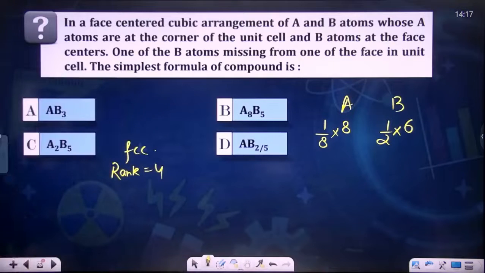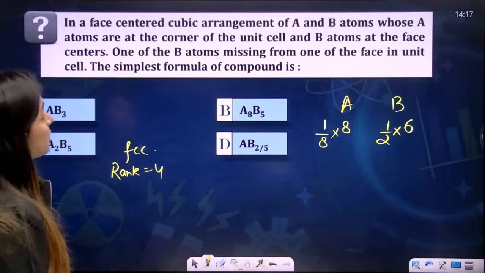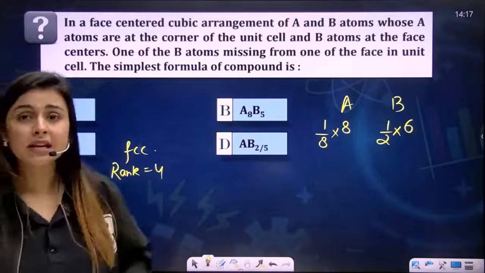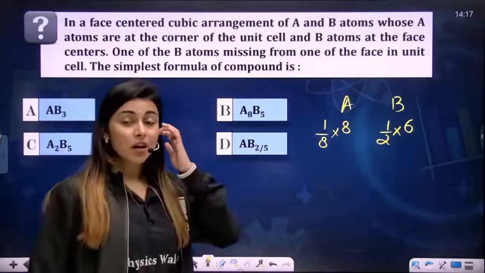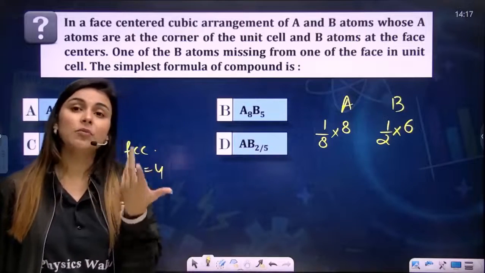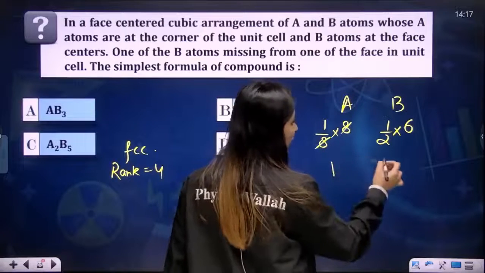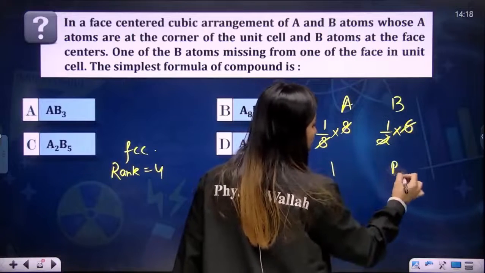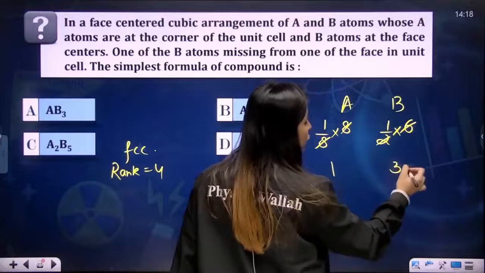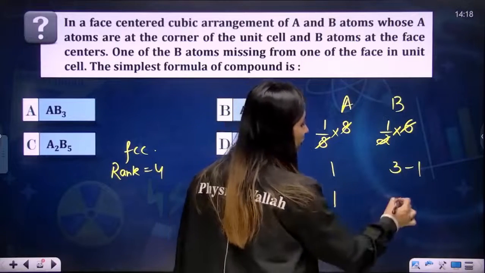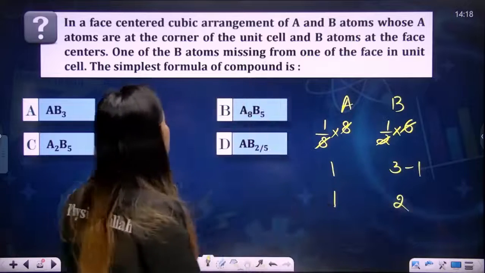Now, one of the B atoms is missing from one of the faces in the unit cell. Now what happened is, it would be the case, but one of the B atoms was missing. So I had 1 complete atom of A and I had 3 atoms of B. 3 atoms of B. But out of this, 1 is missing. Right? So I have one atom of A and I have two atoms of B, right?